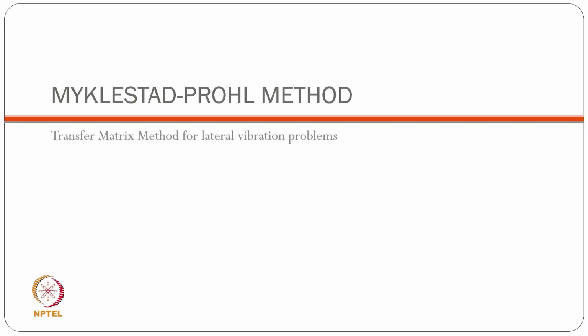All right, we discussed the transfer matrix method applied to torsional vibrations, but I hope it should also be clear that the same approach and structure can be extended for longitudinal vibrations, that means the axial vibration problem.